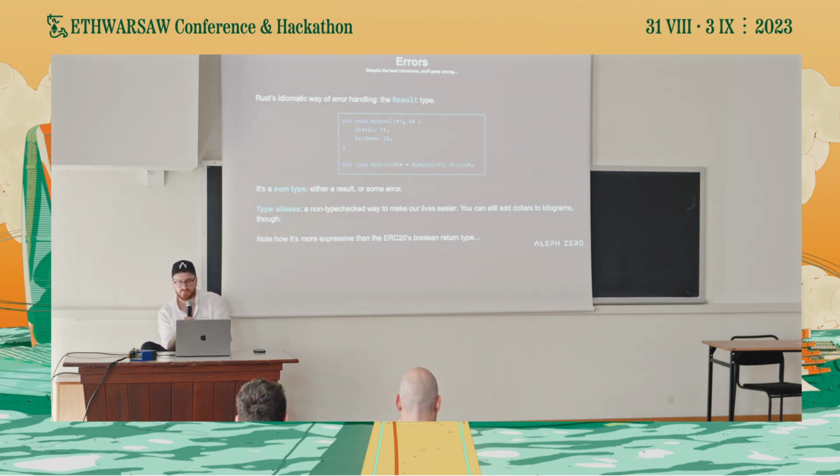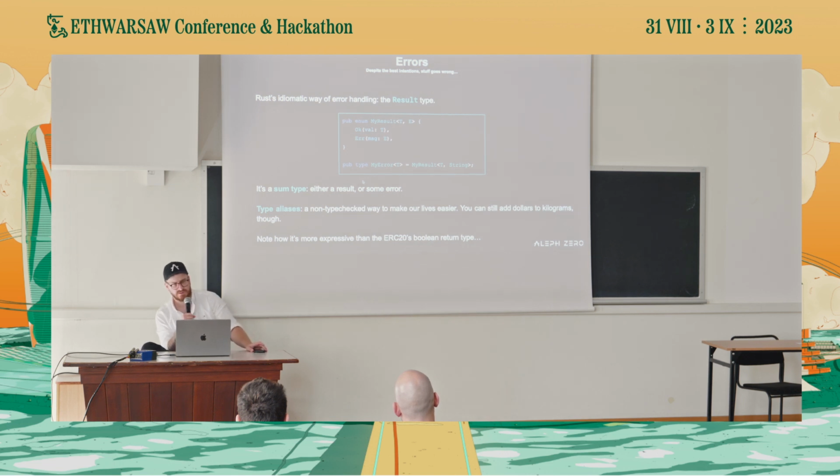And don't worry about the scary looking type markings here. This just goes to say that this can be pretty much any type you want it to be. And you can also, if you're, for example, always using string as your error message type, which you probably shouldn't, but it works well for the example, then you can make a type alias using the type keyword.